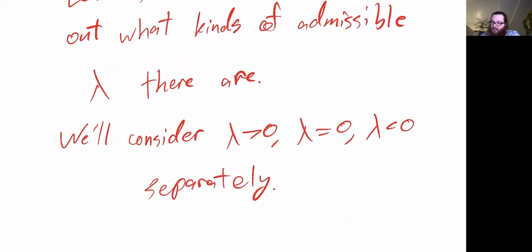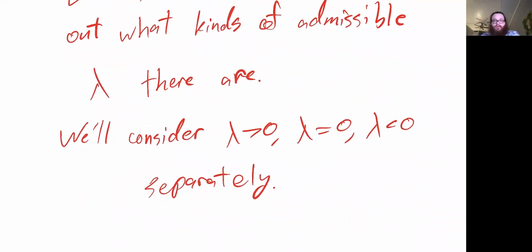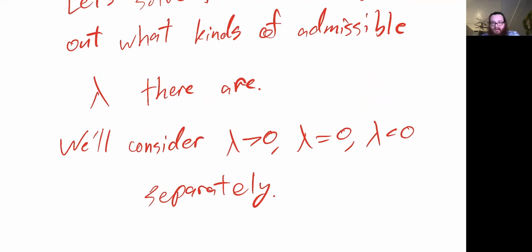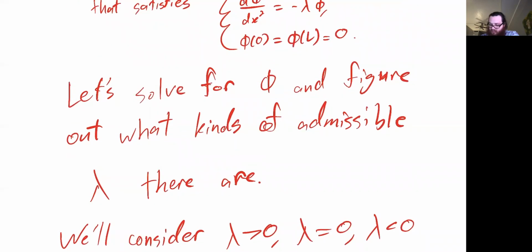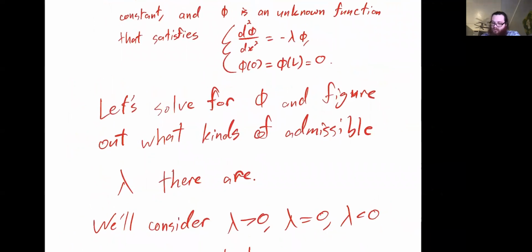We're going to consider a few cases separately. Either lambda is positive, lambda is 0, or lambda is negative. Keep in mind that if lambda is positive, because of how we've written this, this number is going to be negative.